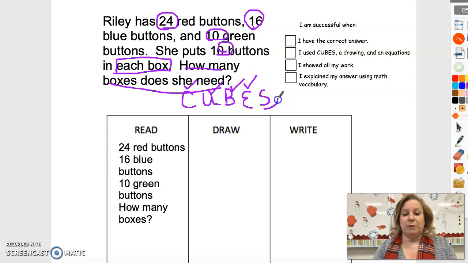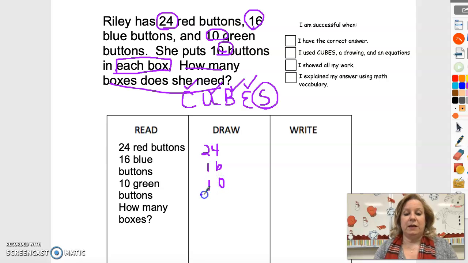So now what I'm going to do is go ahead and solve and make sense of my problem. I'm going to draw this out with equations, or you could do it with actual drawings. So first I need to get a total of all the buttons that Riley has. So I need to add my 24 plus my 16 and my 10.